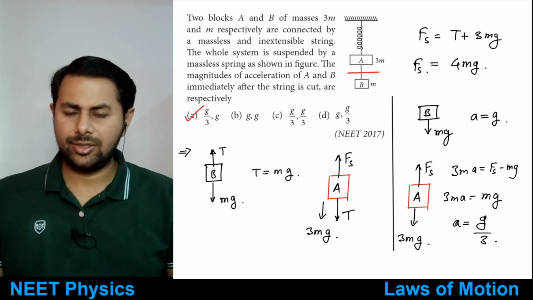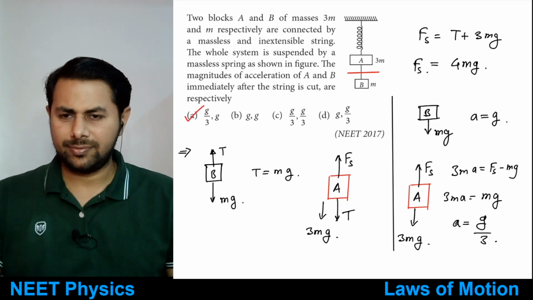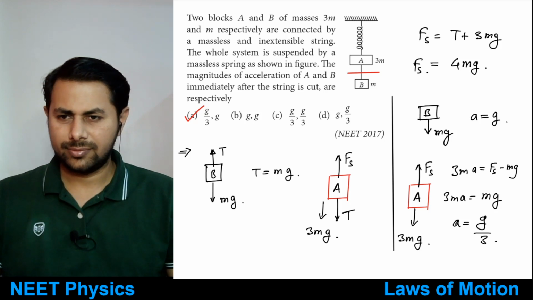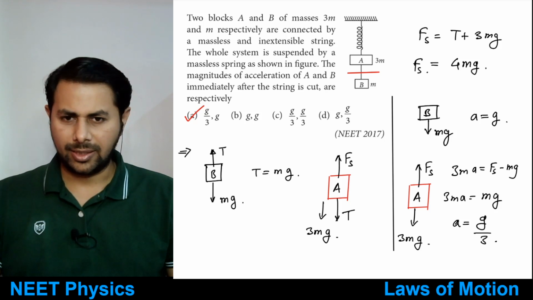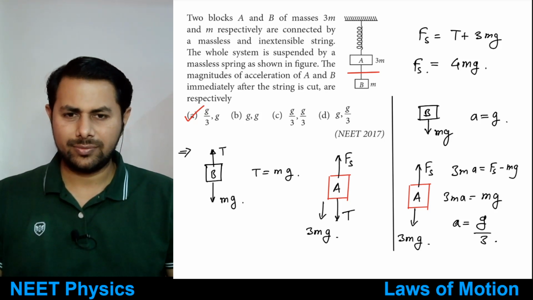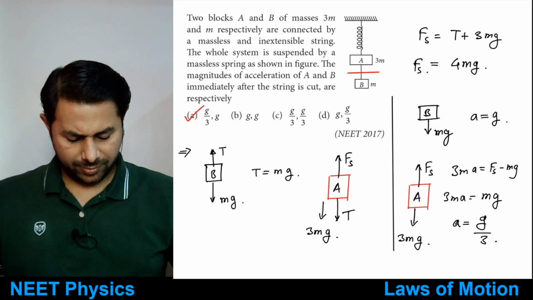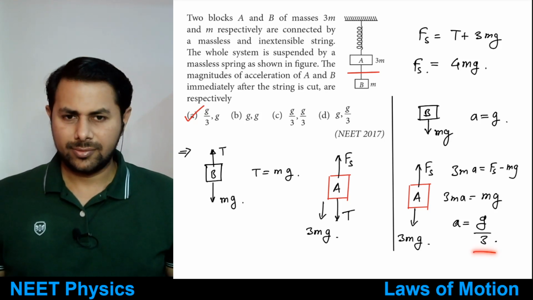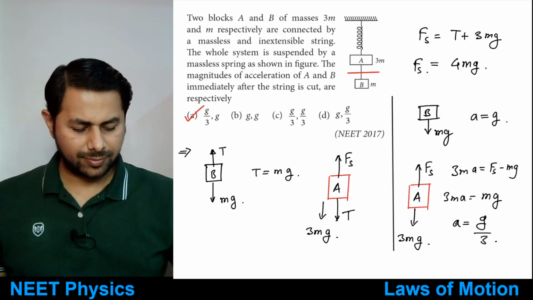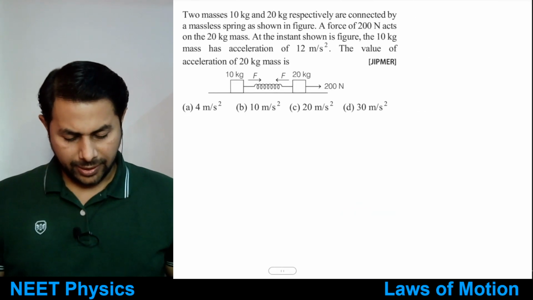Acceleration is g by 3. This thing is clear? Right? Yes, no? Everyone? Okay, let's see the next one.